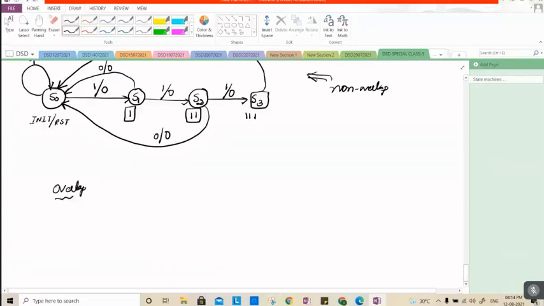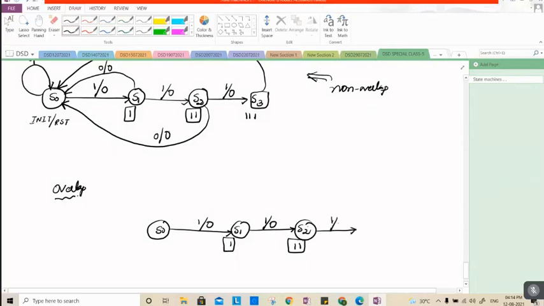Overlap case. S0 is my initial state, so it moves on to S1 whenever the input is equal to 1, with output as 0. S1 has detected 1. Now from here it moves on to S2 if the input is equal to 1, output is 0, and 1, 1 has been detected at S2.